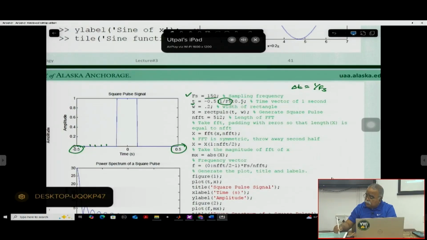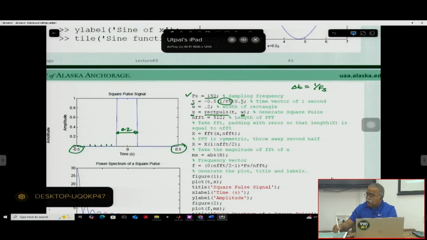So we have divided it into this many points, and then w is equal to 0.2. That means the width of this is 0.2, and this x will be equal to, this is some sort of MATLAB command. This MATLAB command will create a pulse like this with a 0.2 width and with this t value.